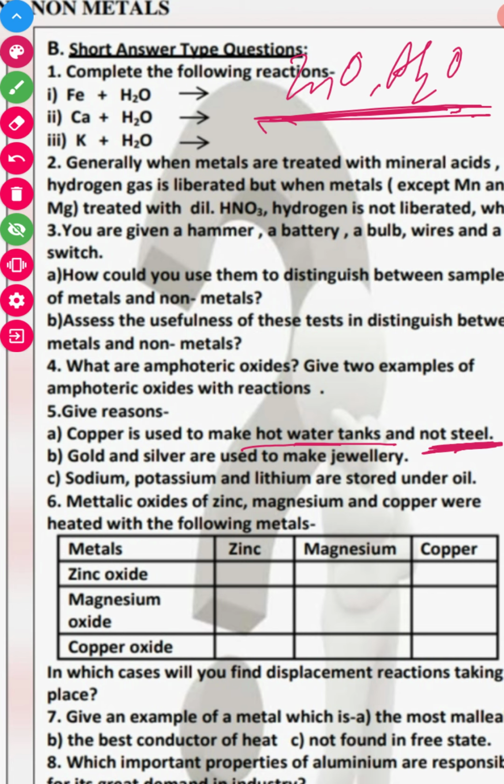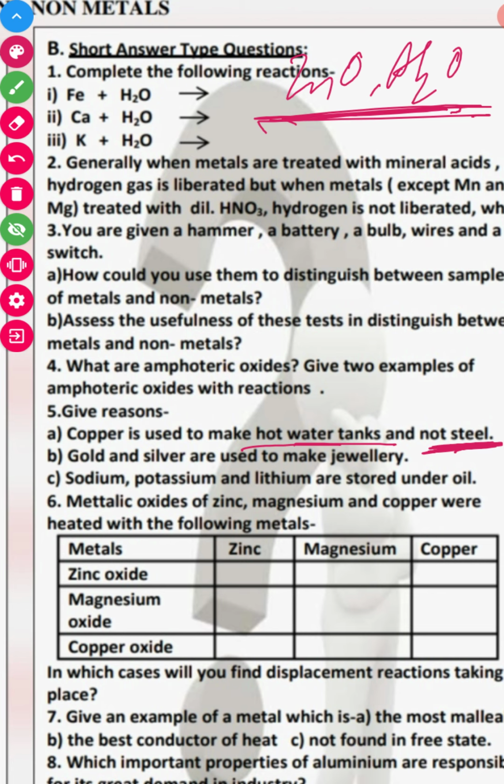Gold and silver are used for making jewelry because they are the least reactive metals, and they are lustrous. Because they are least reactive, they cannot react with air, water, or acid, and these metals are highly malleable and ductile.